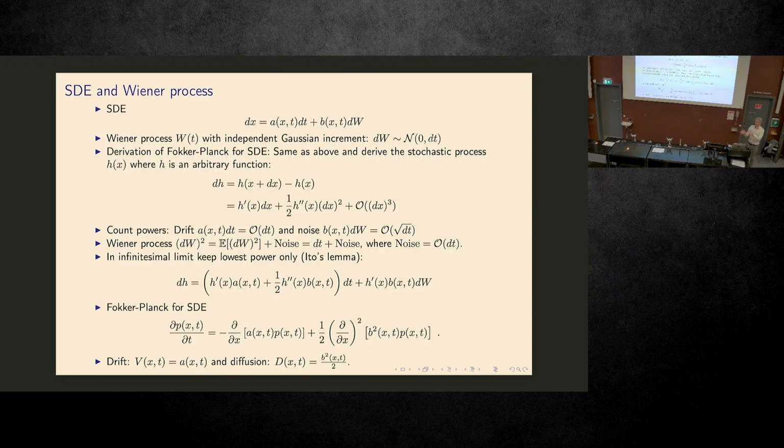And now we want to derive a stochastic process for a function of a stochastic process. That means that essentially it should look the same way, otherwise things will blow up or disappear. And that means that when we do this Taylor expansion, we should identify all the terms that are scaling with dt or dw.